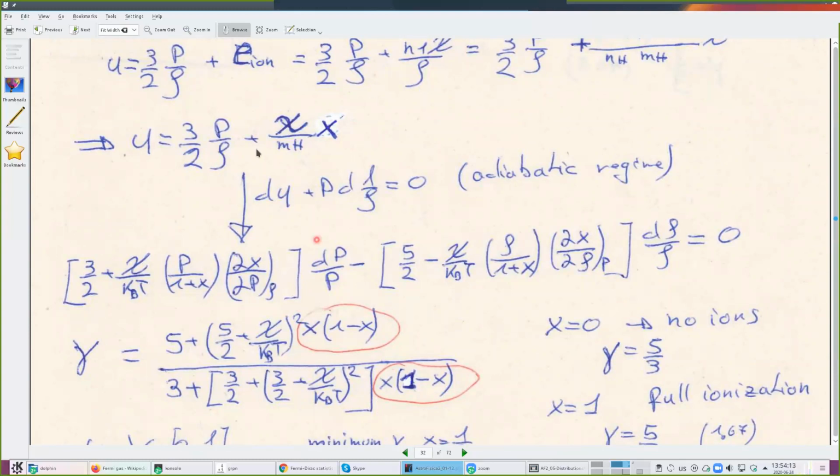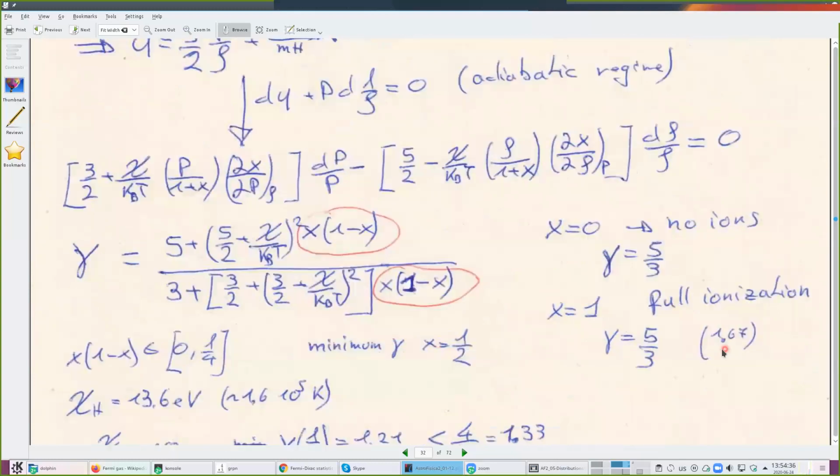Because you have this relation between pressure and density, and you know for the adiabatic process there is a certain exponent, this is the adiabatic coefficient, and this value will depend.